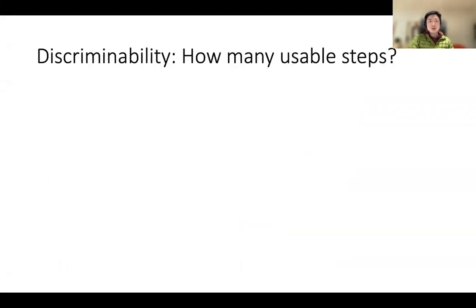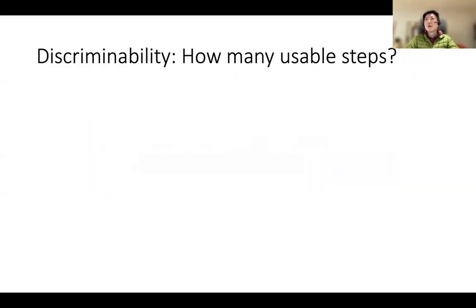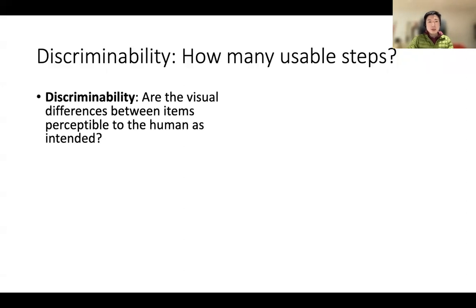And the second one is discriminability, which is a slightly different metric. It says how many usable steps, that means how many different values a channel can represent and the user can still easily see.